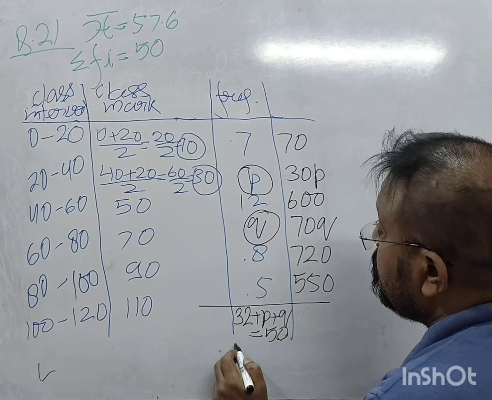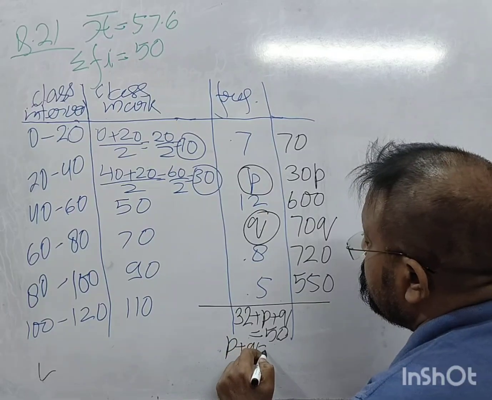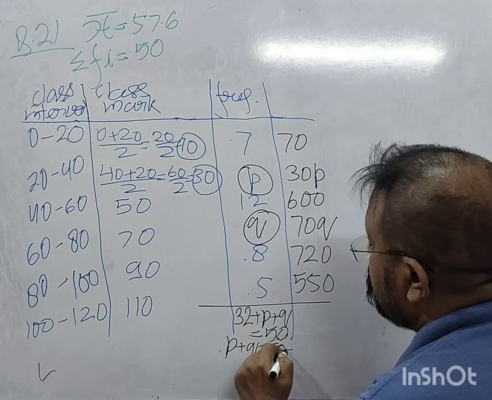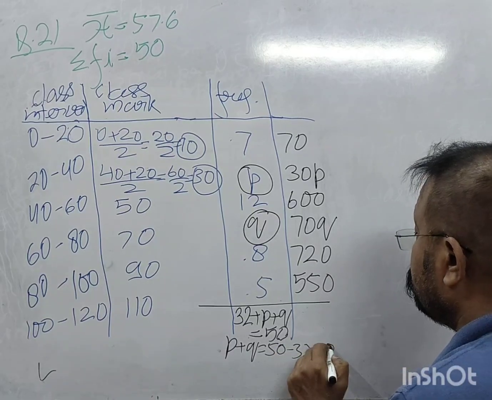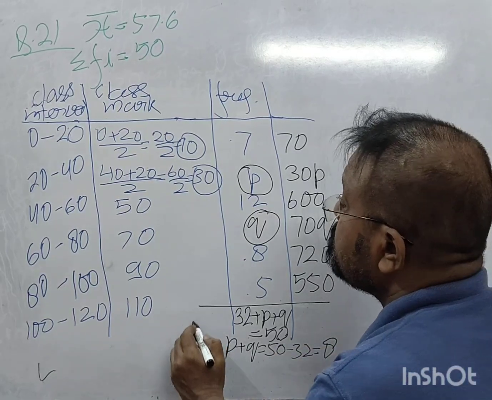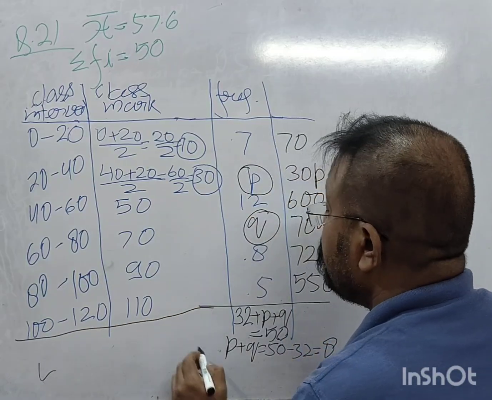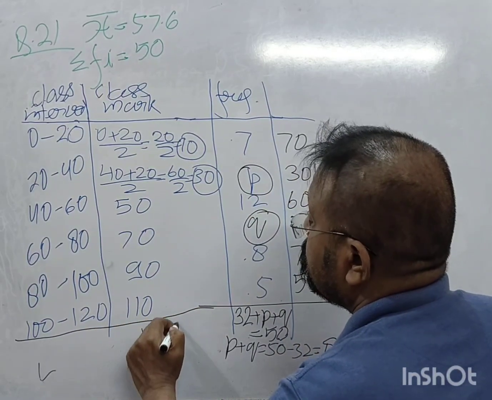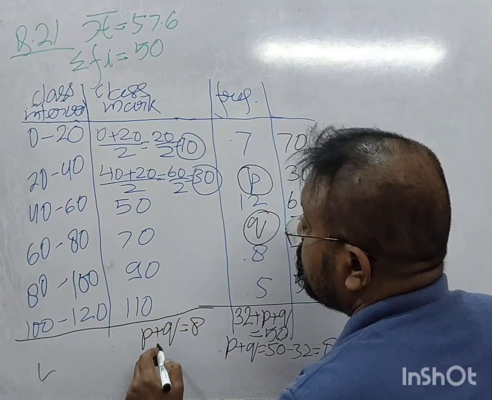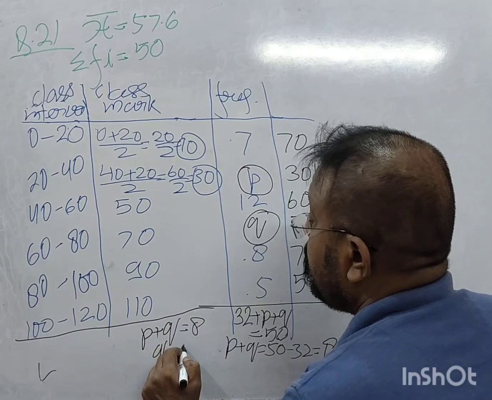So bring this 32 to this side. P plus Q is equal to 50 minus 32, which is 18. So Q is equal to 18 minus P.